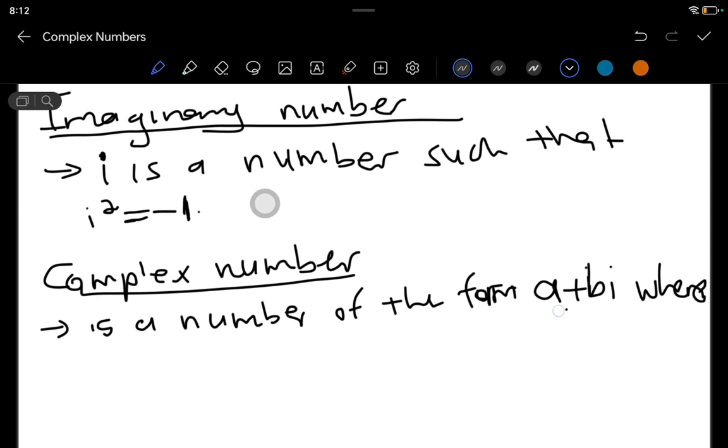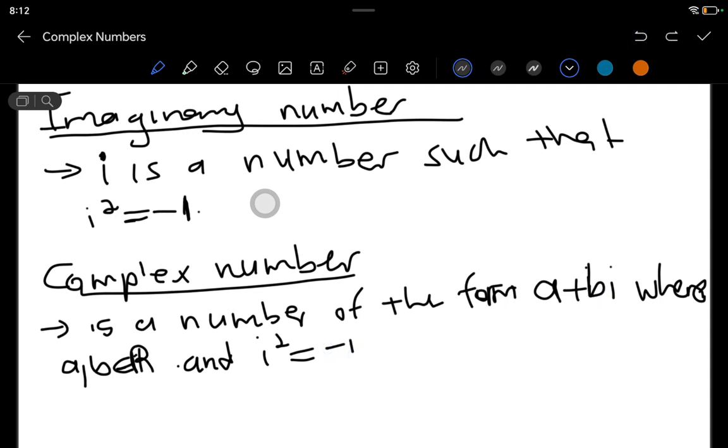Before we define a and b, again we're saying that a complex number is a number of the form a plus bi. We must know that a and b will always be elements of the real numbers. And the i, which we know satisfies i squared equals minus 1, meaning that i will be equal to the square root of minus 1.